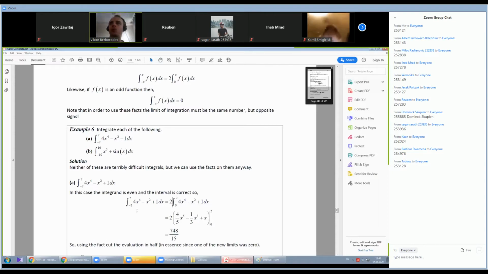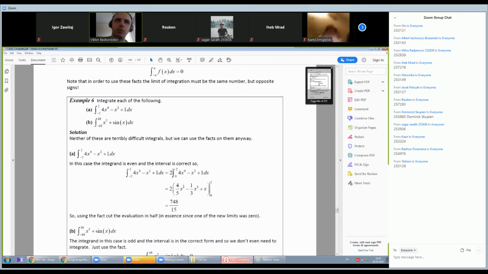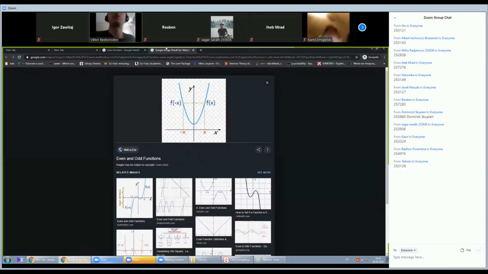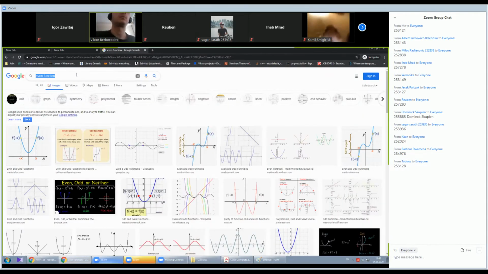It cannot be -3 and 2, then you cannot apply it anymore, right? And then you can do this. But this is more interesting for the odd functions. Sorry, because for the odd functions, the integral is going to be in fact 0, right? So let's look at the odd function.